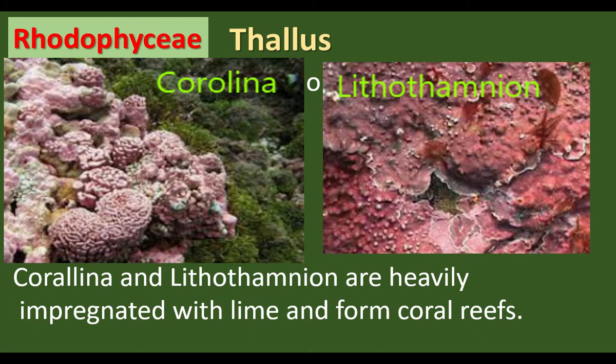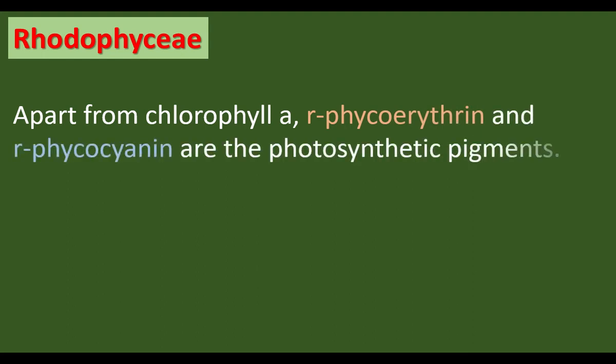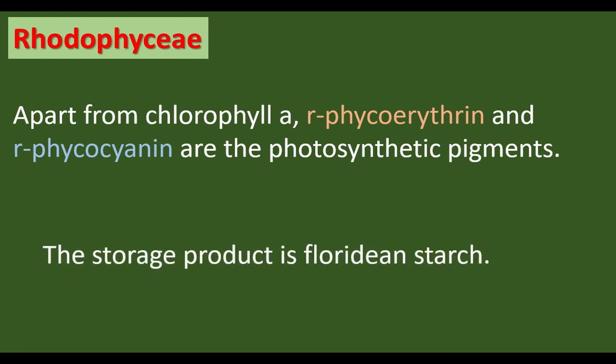In Tamil, coral reef is Pavalaparai. Apart from chlorophyll a, r-phycoerythrin and r-phycocyanin are the photosynthetic pigments. The red color is due to the presence of phycoerythrin pigment. They store floridean starch.